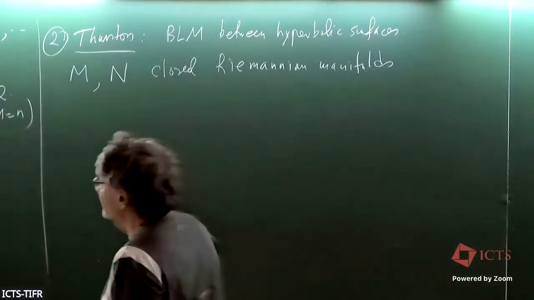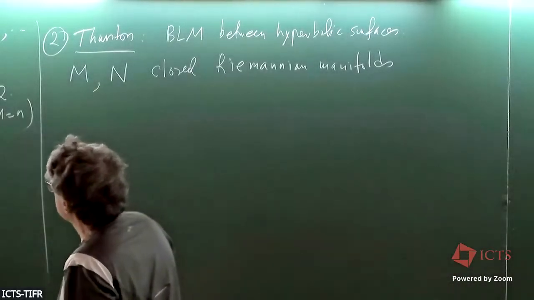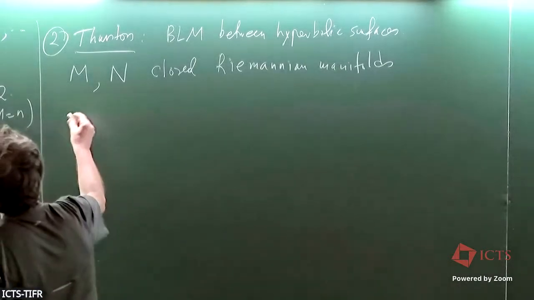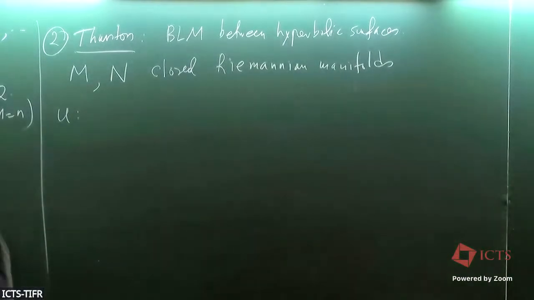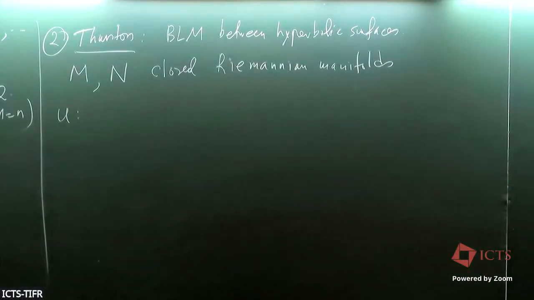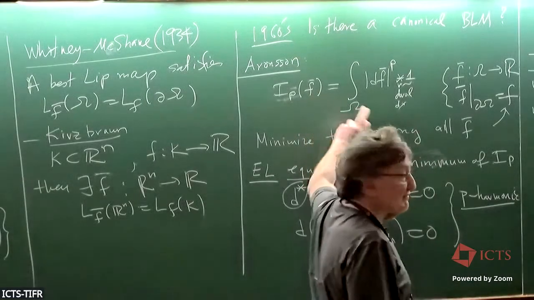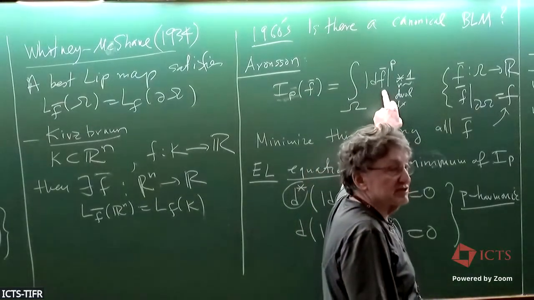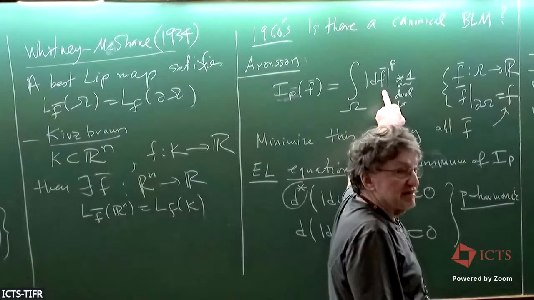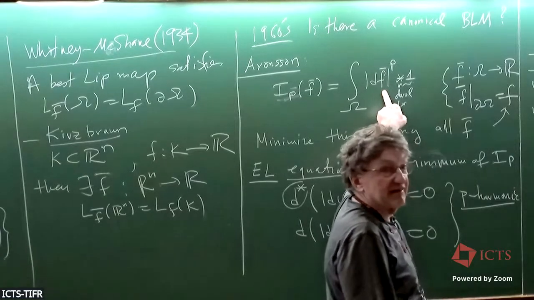Okay, so how do we do that? Well, if you have a map u, you can do the same thing. For any map between two manifolds, you can take the P functional, but you'll realize that this is not the geometrically right thing to do.